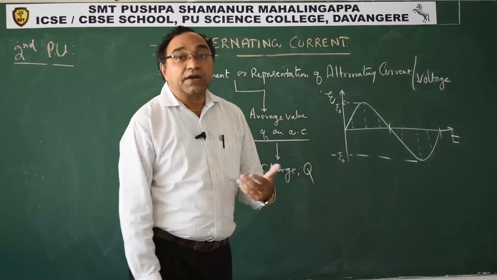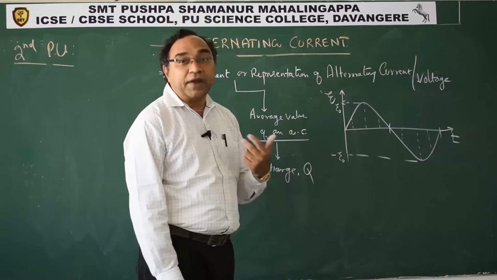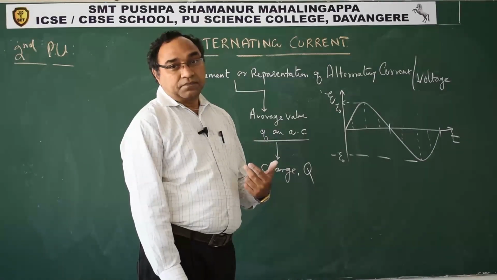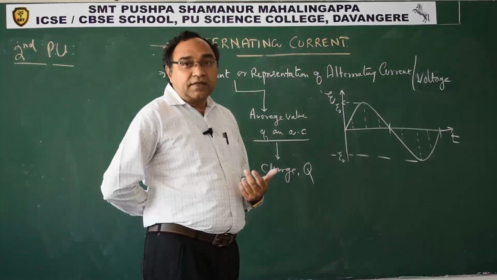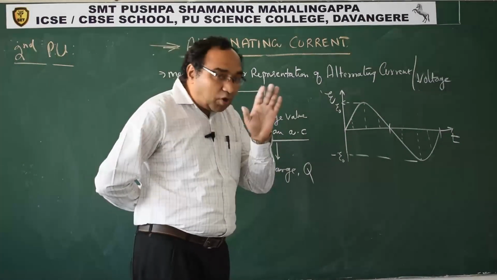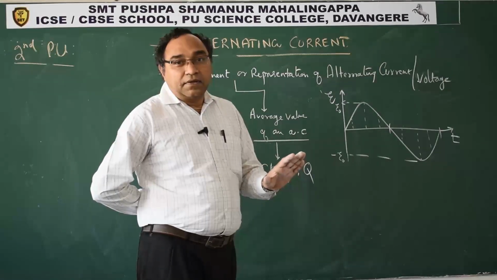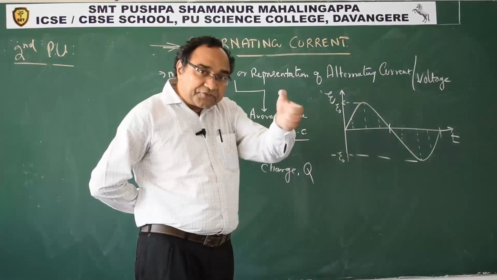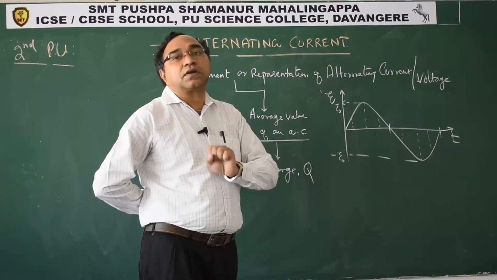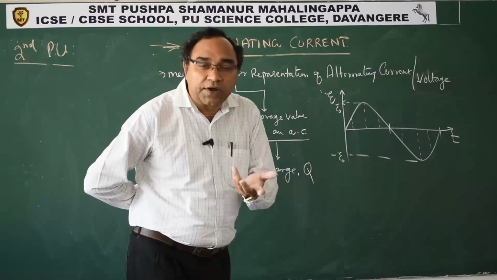Next, electroplating. In electroplating also, we cannot use an AC source, because the electrode on which you are depositing metal will reverse after half cycle. It will extract the metal from that particular electrode. So where is the electroplating happening?